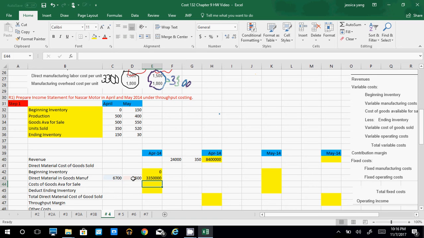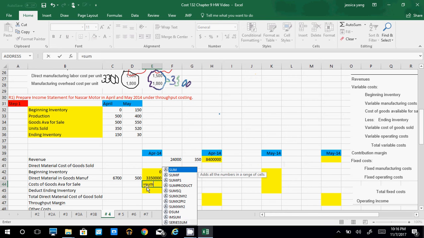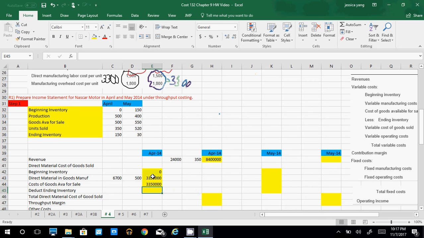To get 3,350,000. To get the cost of goods available for sale, we sum up beginning inventory of 0 plus direct material in goods manufactured of 3,350,000, which gives us a total of 3,350,000 for the cost of goods available for sale.